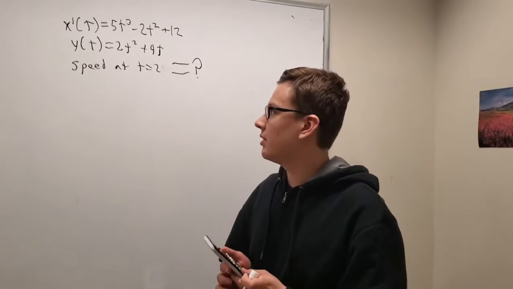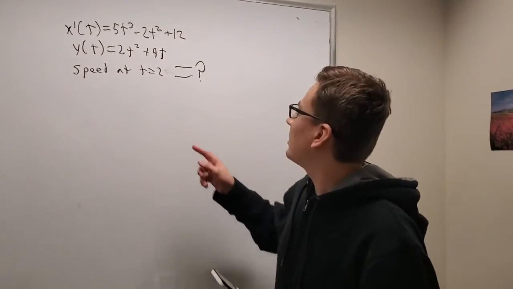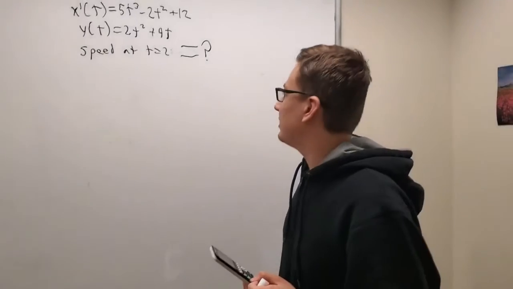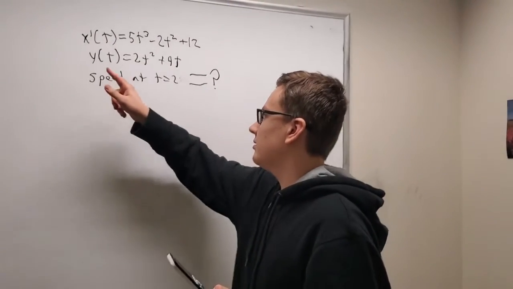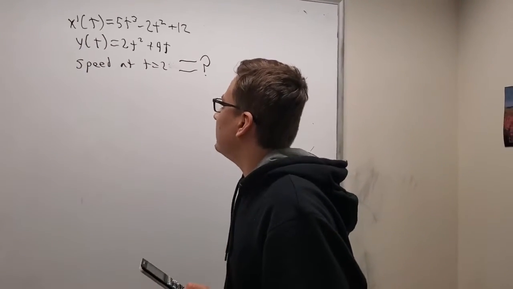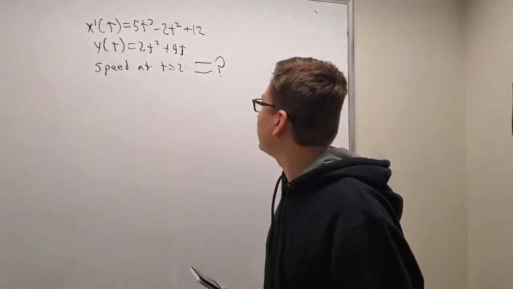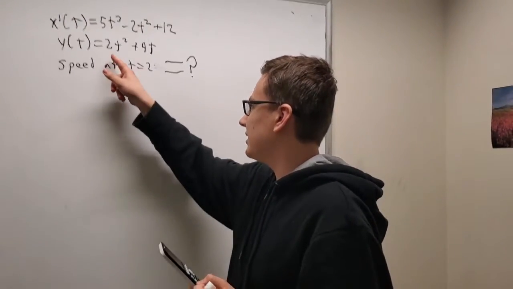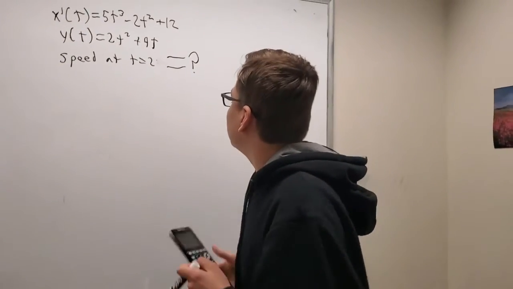So in this problem, we need to find the speed when the time is 2 seconds. We're given the derivative of x of t, which is 5t to the third minus 2t squared plus 12, and y of t is 2t squared plus 9t.